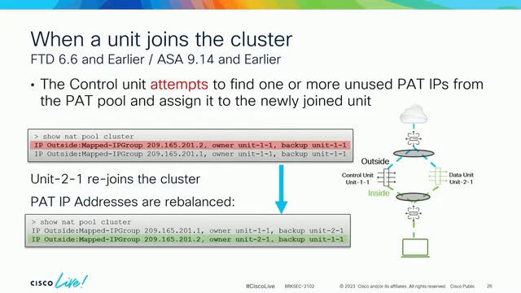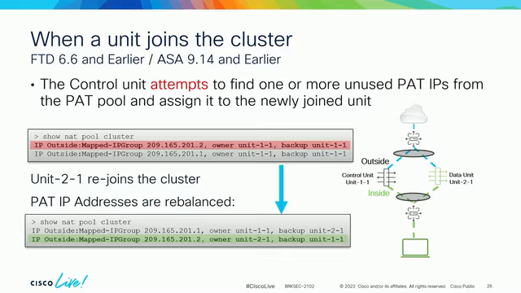Problem comes when there are no available IP addresses. And with available IP addresses, I mean IP addresses that do not have any port allocated. So when there are no available IP addresses, the control unit will not assign an IP address to the new data unit.